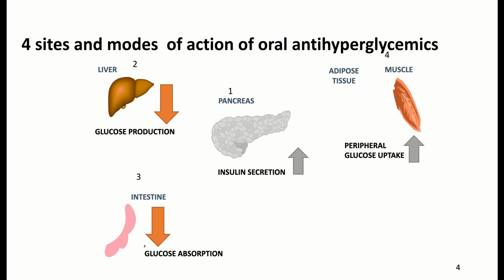Intestine. An antihyperglycemic drug targeting the intestine will do what? Decrease or slow down glucose absorption. Peripheral tissue. An antihyperglycemic drug targeting the peripheral tissue or muscle will do what? Increase glucose uptake.